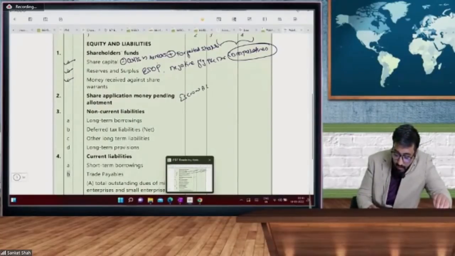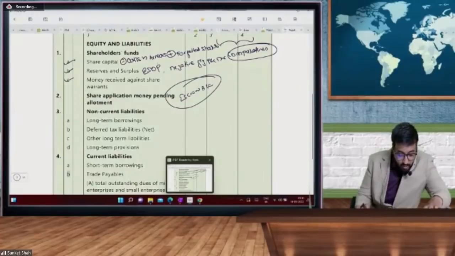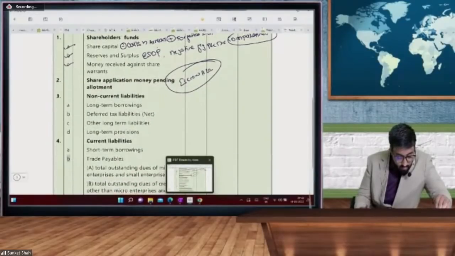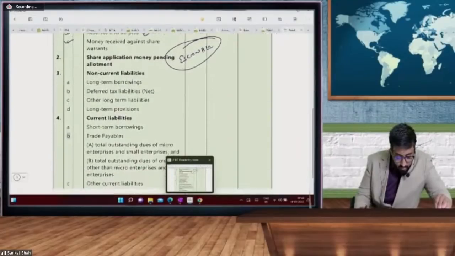Remember the word escrow account, share application money pending allotment.